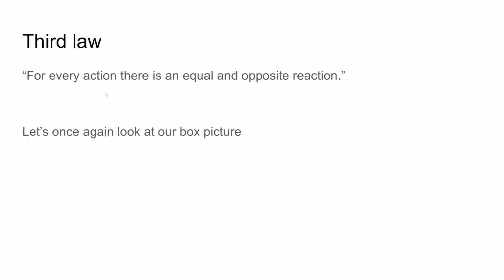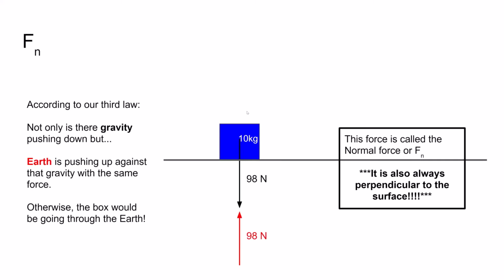All right. Our third law: for every action there is an equal and opposite reaction. So let's look at our box picture again, where we had our box with gravity. We have a 98 newton force of gravity pulling it down. According to our third law, not only is gravity pushing down, but also the Earth is pushing up with the same force.